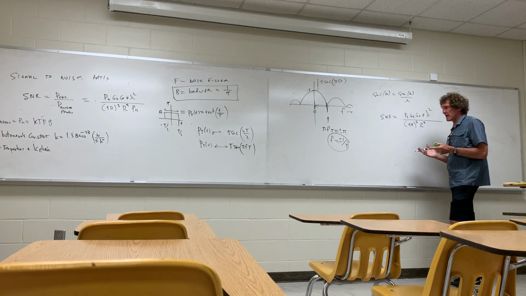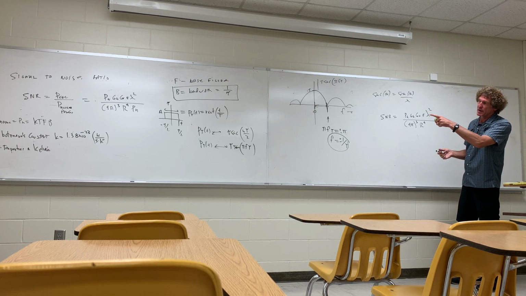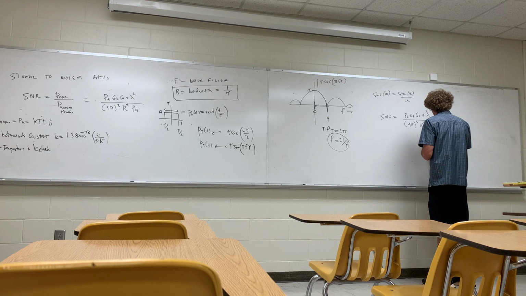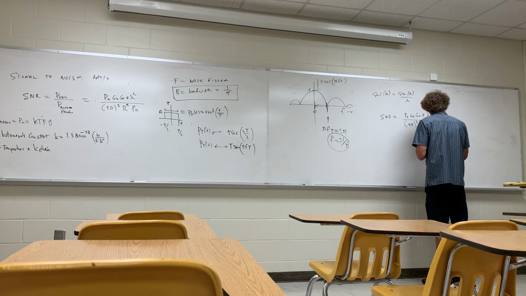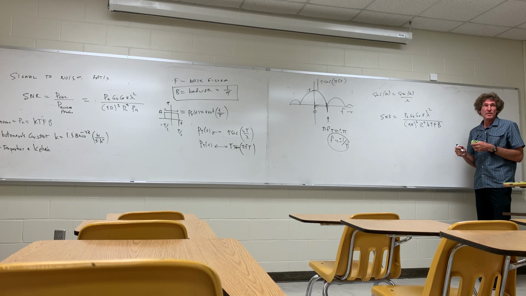That's just the received power from the radar pulse. And then I divide it by the noise power. And the noise power is K T F B.